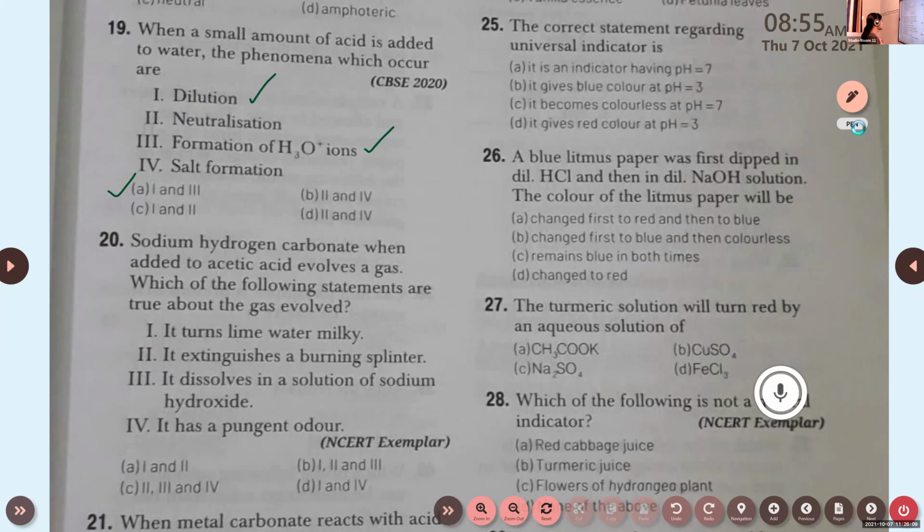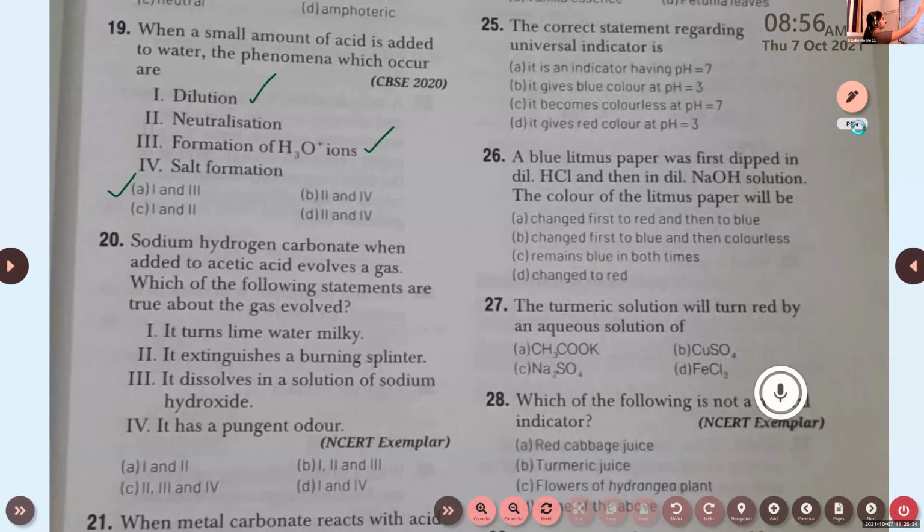Which of the following statements are true about the gas evolved? It turns lime water milky. It extinguishes a burning splinter. It dissolves in a solution of sodium hydroxide. It has a pungent odor. The options are: A, 1 and 2; B, 1, 2 and 3; C, 2, 3 and 4; D, 1 and 4. Which one is the correct answer?